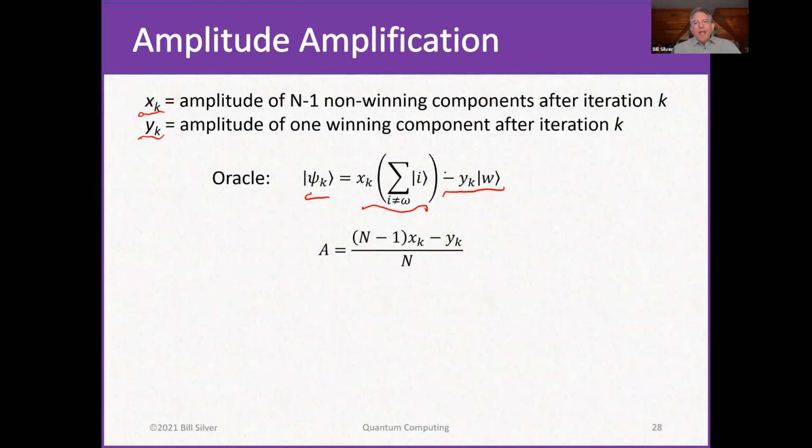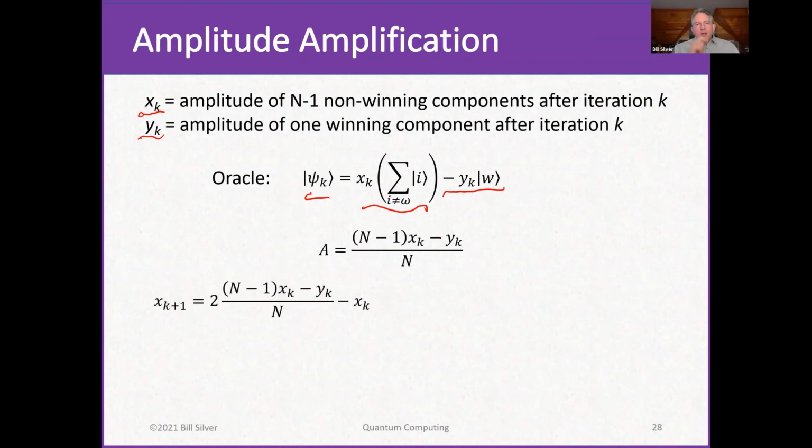So the average of all of these amplitudes is simply (n-1) times the x's minus the y, divided by the total number. That's the average, all right? I've got n-1 x's, I've got one y that's been negated by the oracle, divide by the total number. So what does this look like?